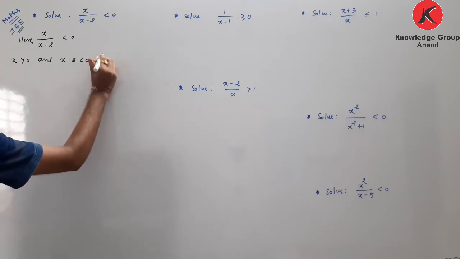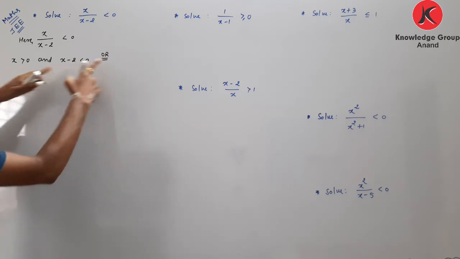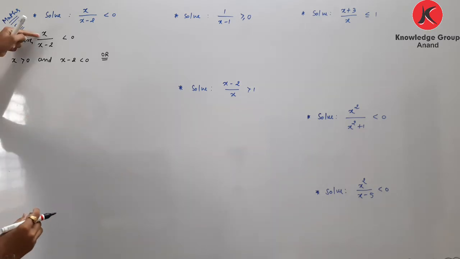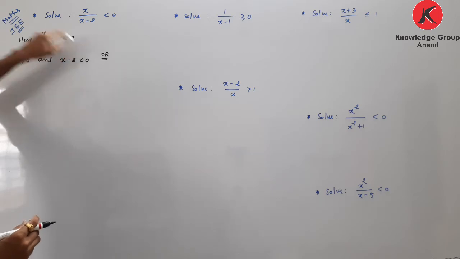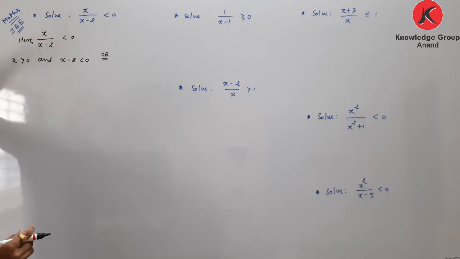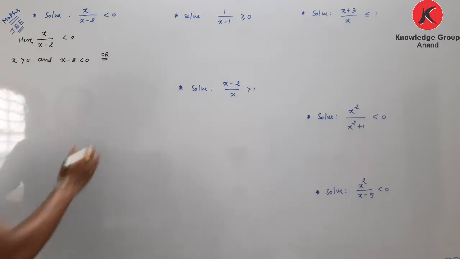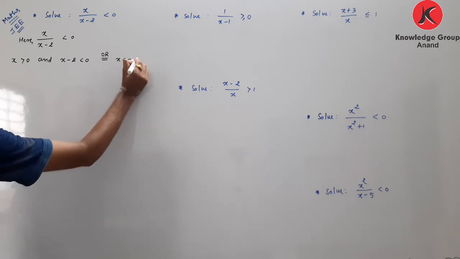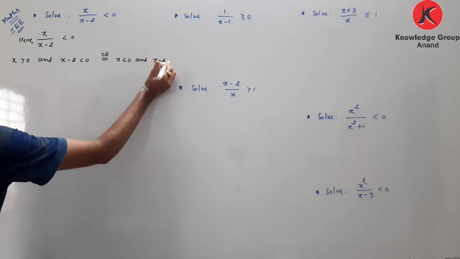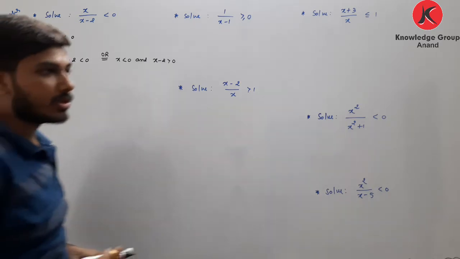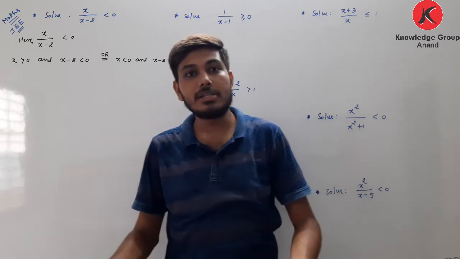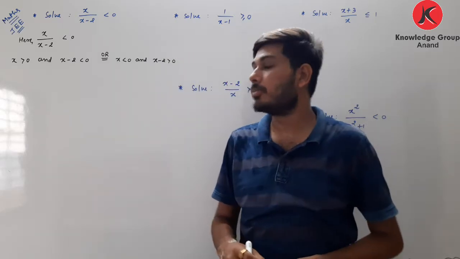Otherwise, the second option: this one is negative and x minus 2 is positive. Clear? This ratio is negative, therefore the numerator is negative and the denominator is positive, otherwise the numerator is positive and the denominator is negative.